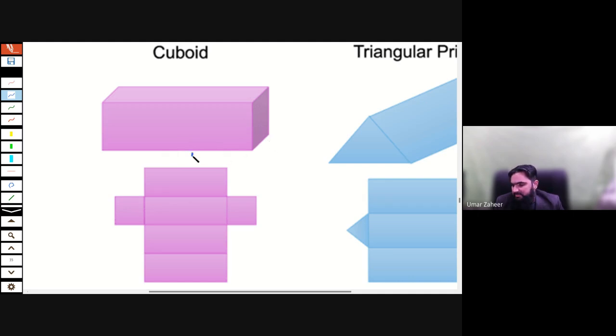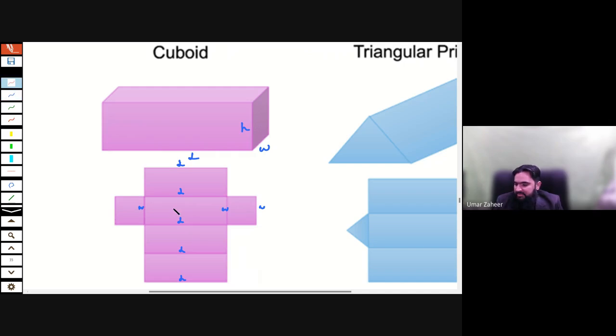So obviously this is the length and the total is going to be the same. In the same way, this is the width, and the width is the same for all of them, right? This is the width as well.